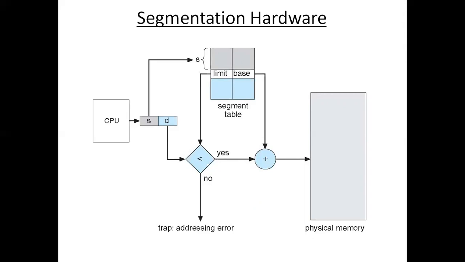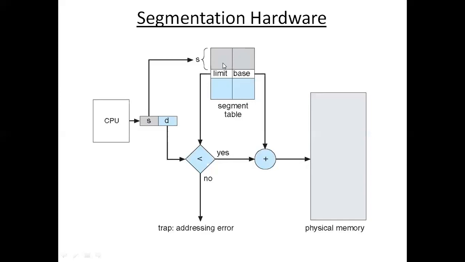Here, the logical address generated by the processor is the segment number and the offset, that is S and D: the segment number and the displacement. Previously we had a page table, but now we have a segment table. For each segment number, it gives you the size of that particular segment.